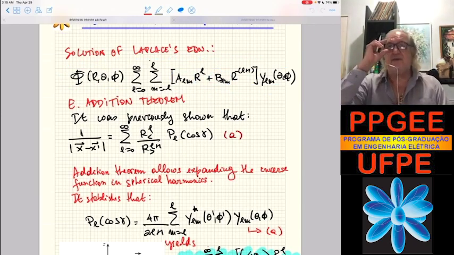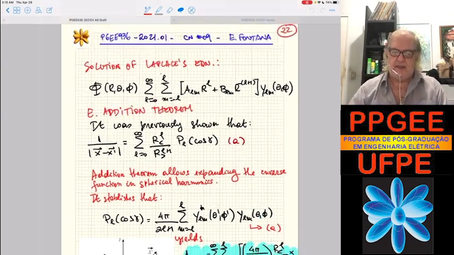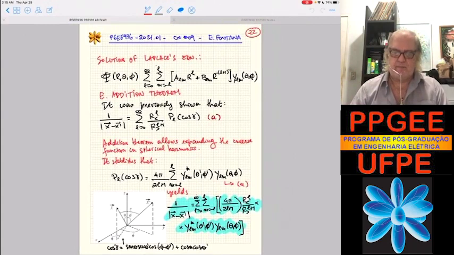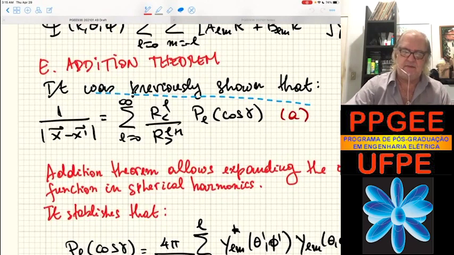To conclude this lecture, I'd like to talk about the addition theorem. We expanded the inverse function in terms of Legendre polynomials, like this one.